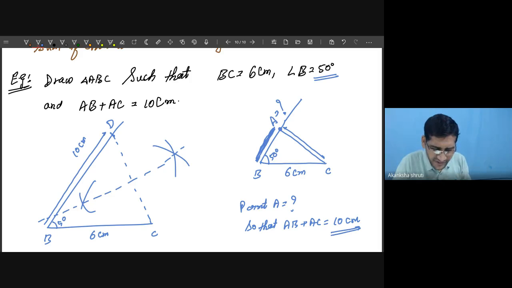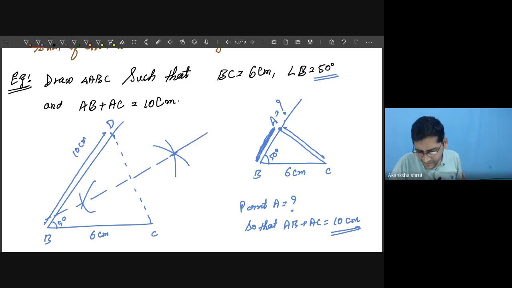It should be slightly above. This I will do tomorrow carefully. Now students, here we are observing where this bisector is cutting.